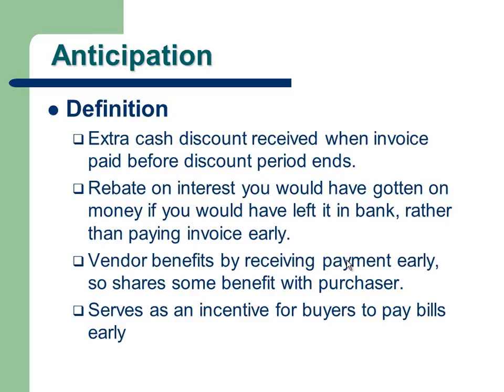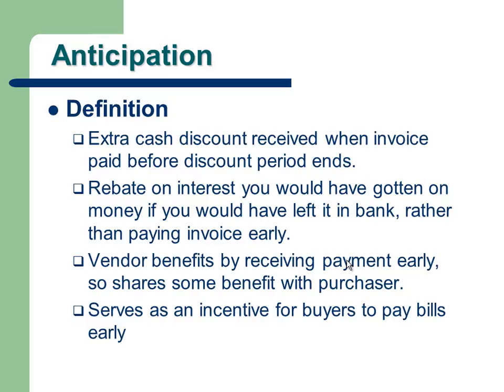Just to revisit what I said in the last module, anticipation is the extra cash discount that is added on top of the cash discount based on the dating term. And the anticipation is granted only when the vendor wants to grant it.